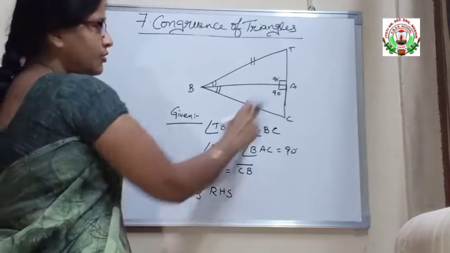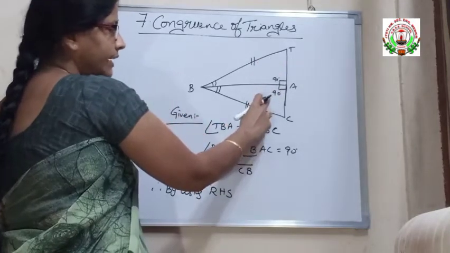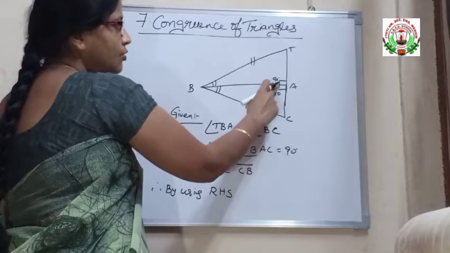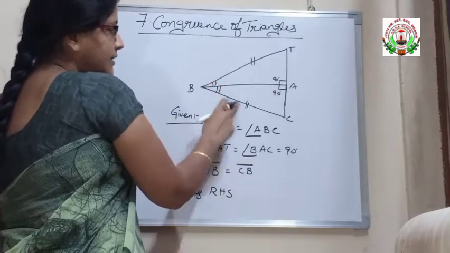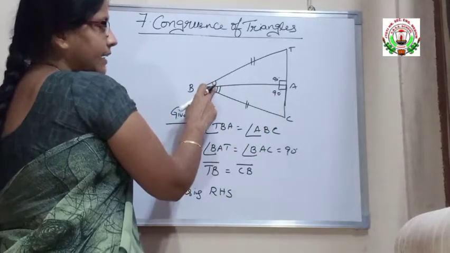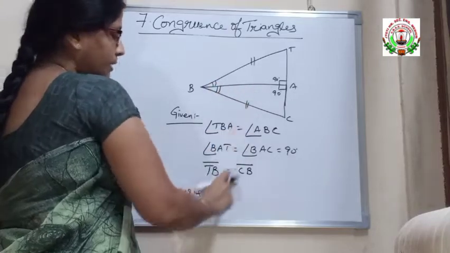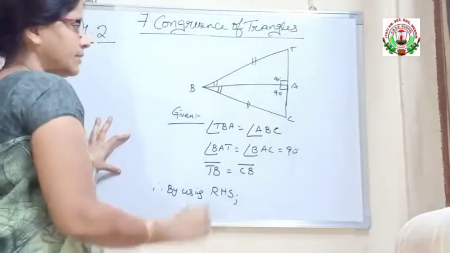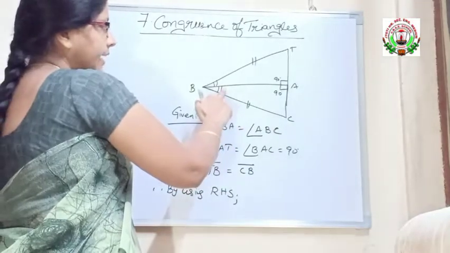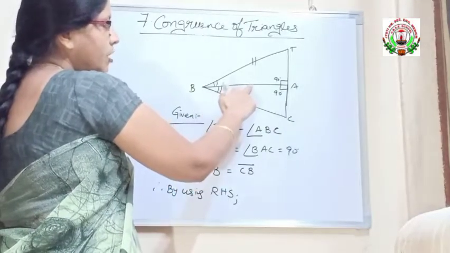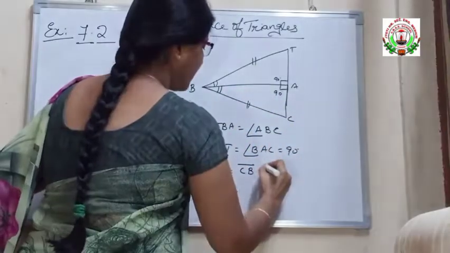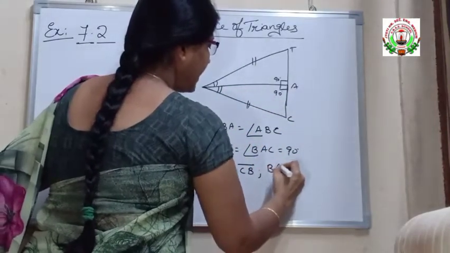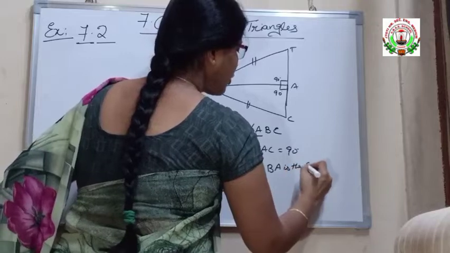This is your hypotenuse here. This is one right angle, this is one right angle. So right angle, hypotenuse and side. From these two, by using the RHS property. Next, this is the common side, here BA is the common side.